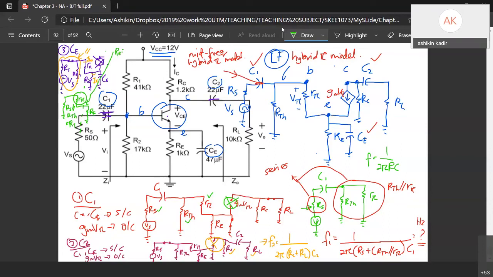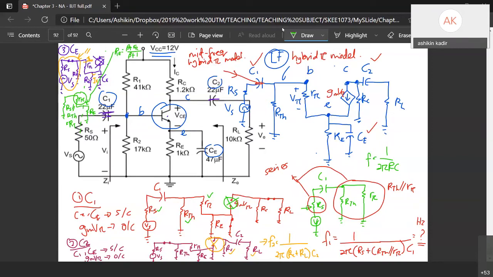So here RE will be equivalent to (beta plus R pi) divided by beta plus 1. This will be the equivalent resistance over R pi.